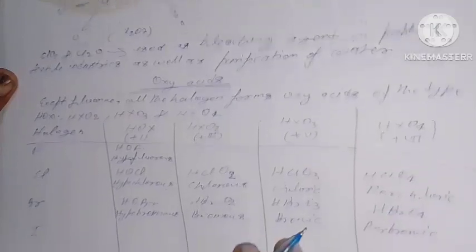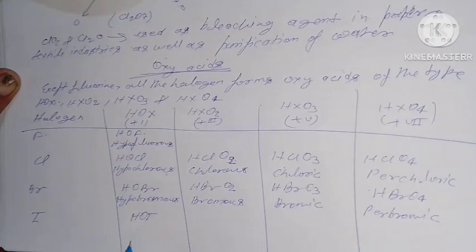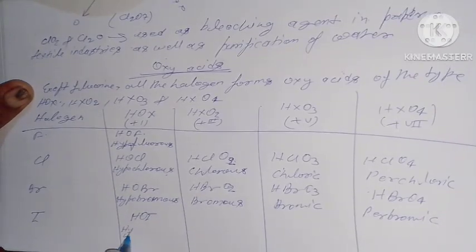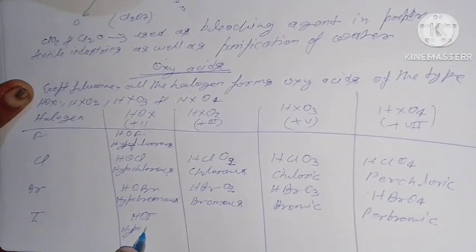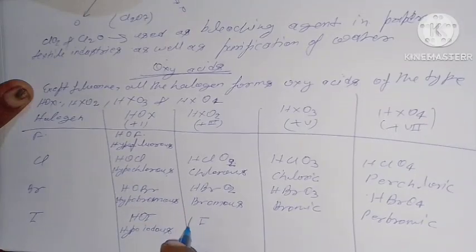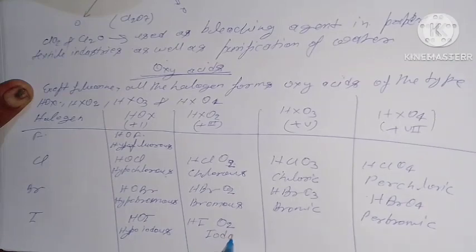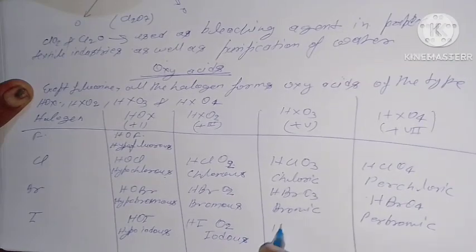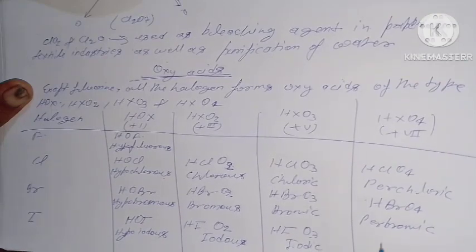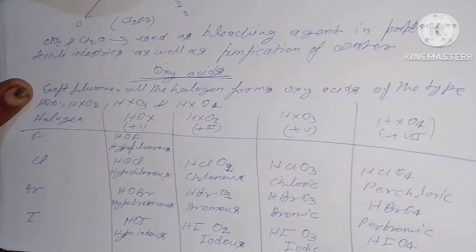Iodine: HOI, hypoiodous; HIO2, iodous; HIO3, iodic; and HIO4, periodic acid.